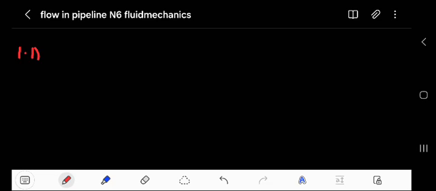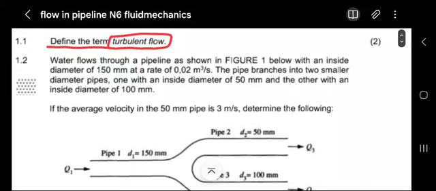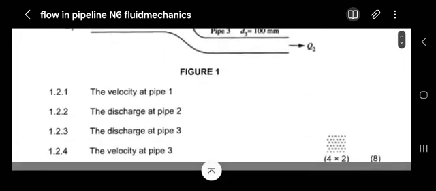What is turbulent? We want to define turbulent flow. What is turbulent flow?